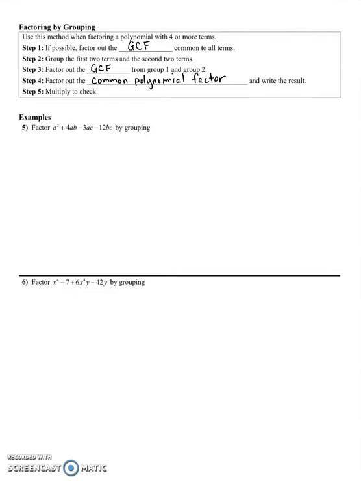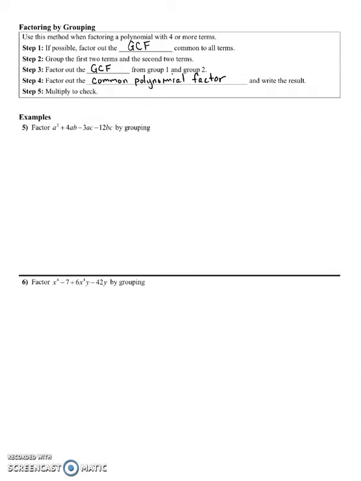So let's look at a squared plus 4ab minus 3ac minus 12bc. Okay, there are no greatest common factors for all four terms because the a squared term doesn't have a numerical coefficient except for 1. The third term doesn't have a b. The fourth term doesn't have an a.